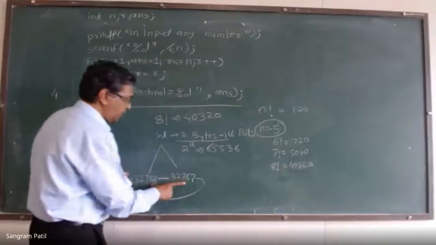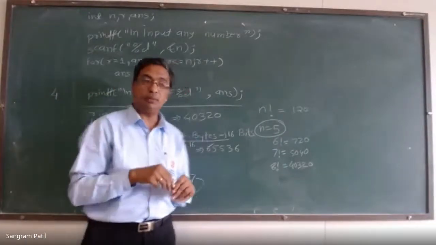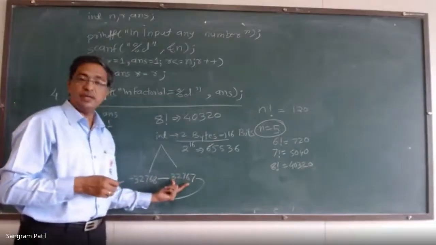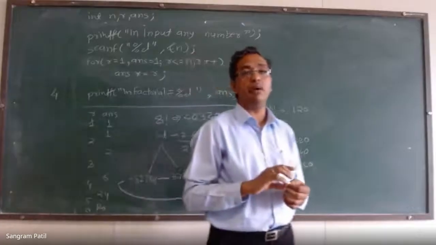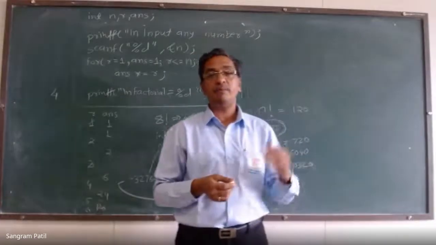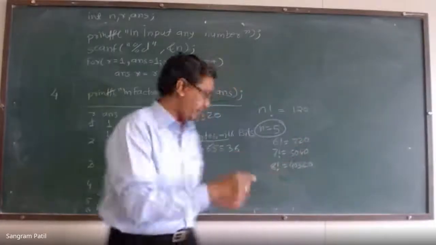If you add the two sides, it comes to 65535, but 0 is considered a positive number.